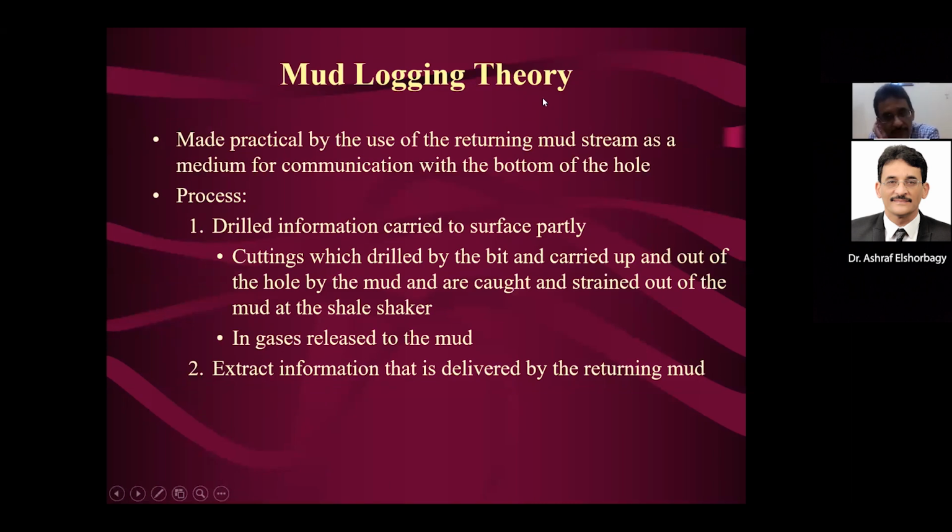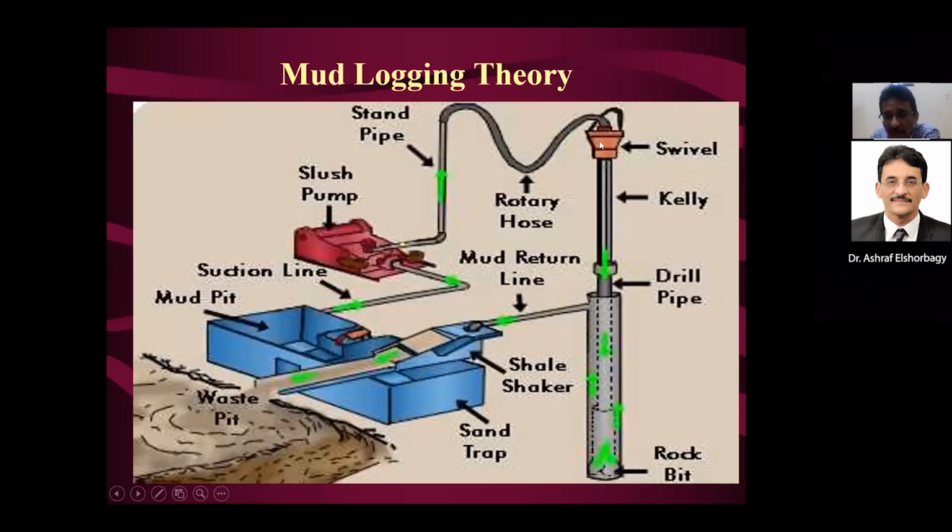If we go to this picture, we see, of course, you know about the circulation system, starting with pumping the mud into the hole. As you see by the cursor, the mud passes through the nozzle of the bit, and the bit starts crushing the formation and gives cuttings.